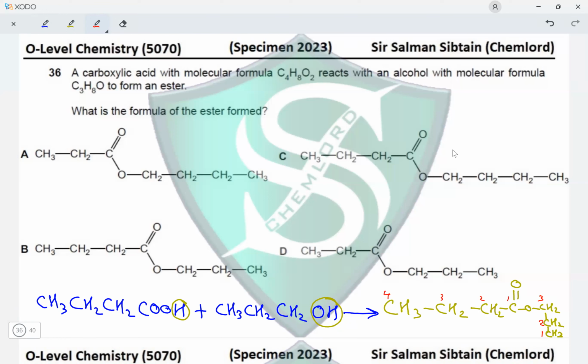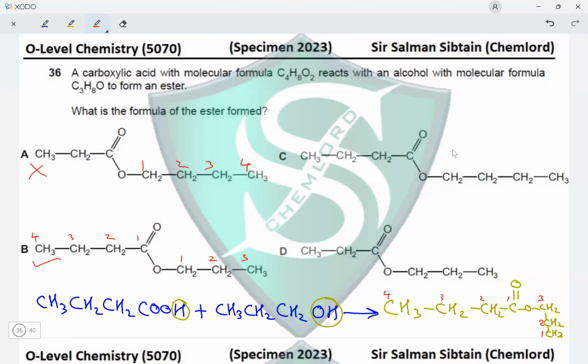If you look at option A, it has 1, 2, 3, 4 carbon atoms in the alcohol portion, making it incorrect. In option B, we have 1, 2, and 3 carbons for the alcohol portion, and 1, 2, 3, and 4 carbon atoms for the carboxylic acid portion, making B the correct option.